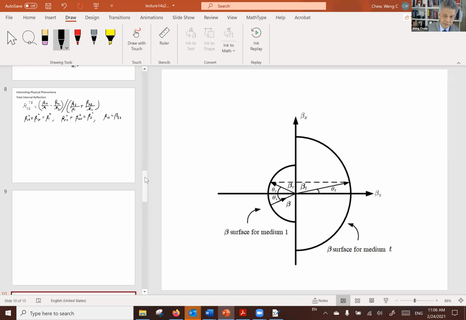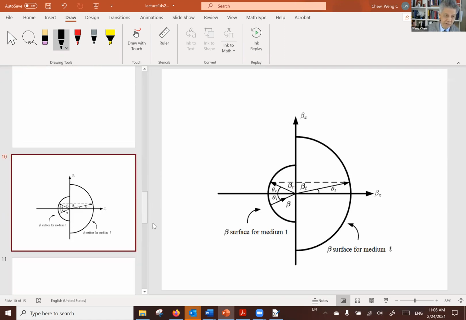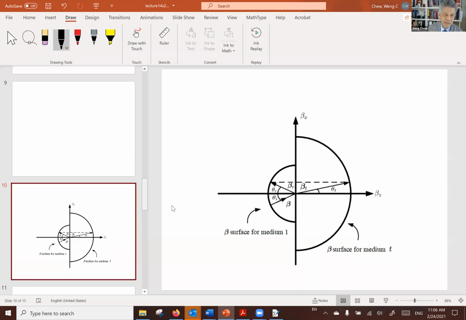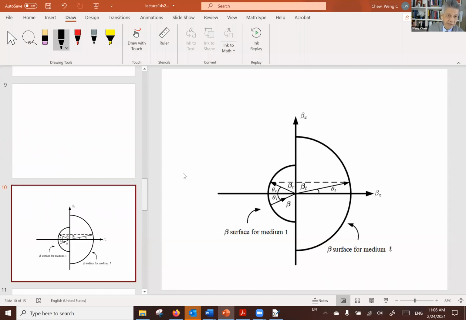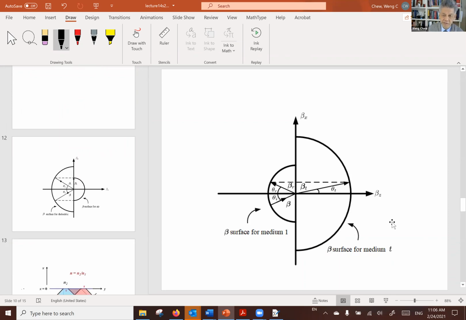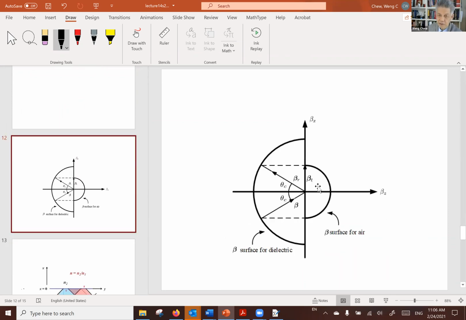You see that phase matching is satisfied, but you can go to the other case where beta t is smaller than beta 1, okay? And this would be this diagram over here. Region 2 has a smaller beta t than the beta in region 1, and you will have to draw the circles this way.